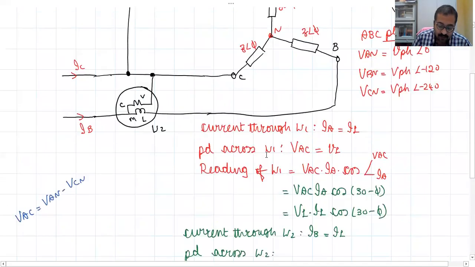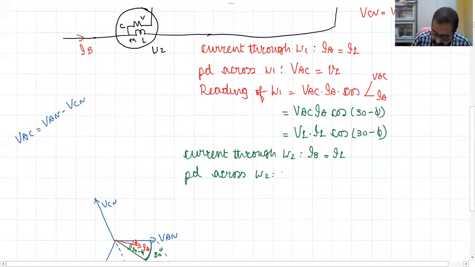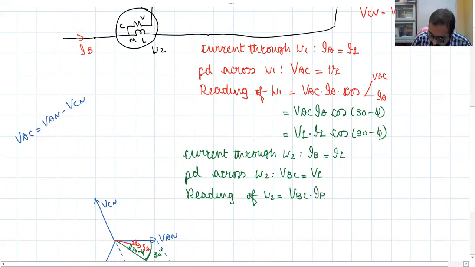You can see the voltage coils are connected between the lines B and C. So that is VBC, whose magnitude is again VL. So the reading of W2 will be VBC into IB into cosine of the angle between VBC and IB.